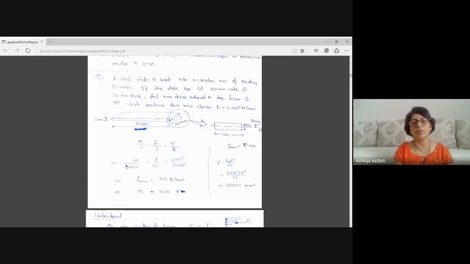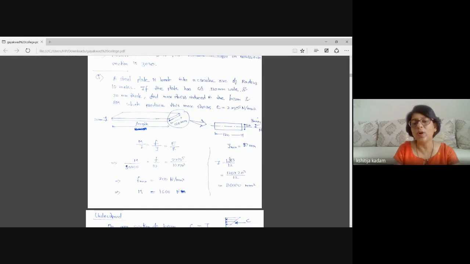So again we will use the same formula. In this, value of I can be calculated easily because the beam is rectangular with rectangular cross section and the cross section in detail is shown in right side of the sketch. So I have calculated I, it is BD cube by 12.